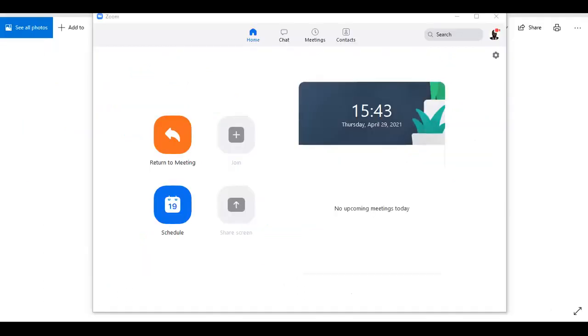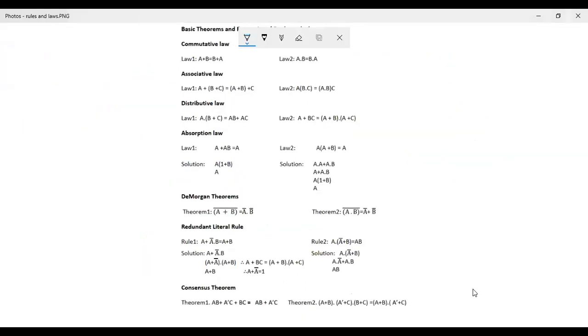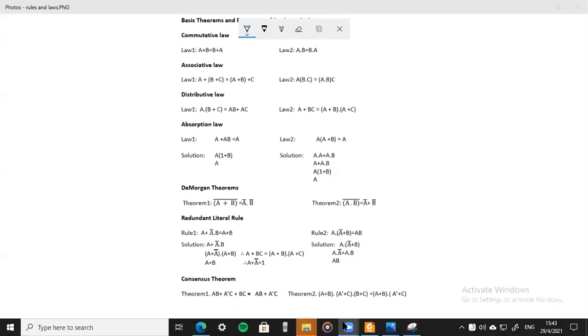We have other symbols. What is on the screen? There's commutative law, associative law, distributive law, absorption law. I don't want to show this one. Just a minute. Let me share my screen. I want to show symbols and other gates, types of gates we use.